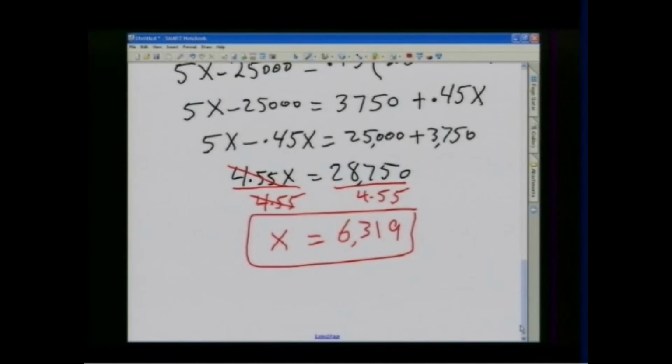So if the company produces and sells 6,319 diaries, their profit would be equal to 15% of their cost.